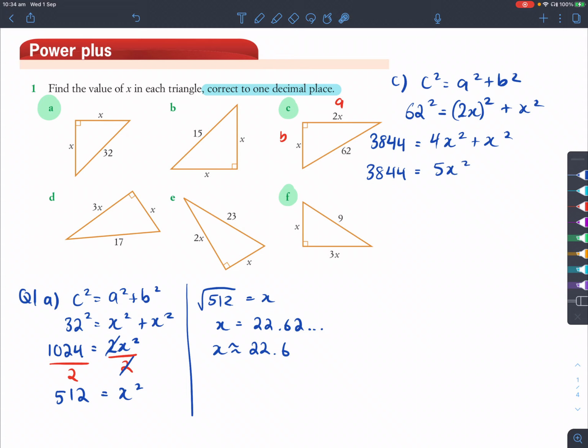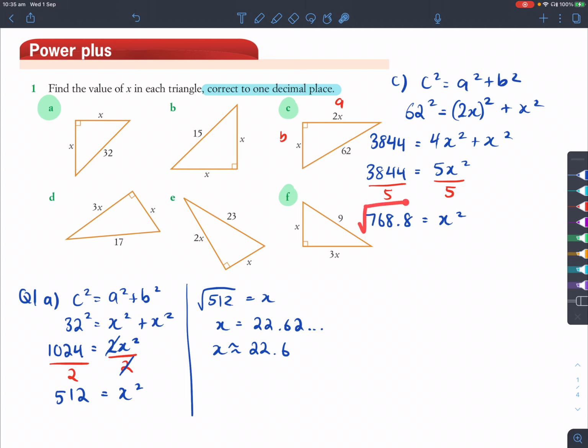Now remember, we can't take the square root yet. You need to divide both sides by that 5 first. Dividing 3,844 by 5, I get 768.8 equals x squared. Now I'm allowed to take the square root of both sides so that I can remove that square.